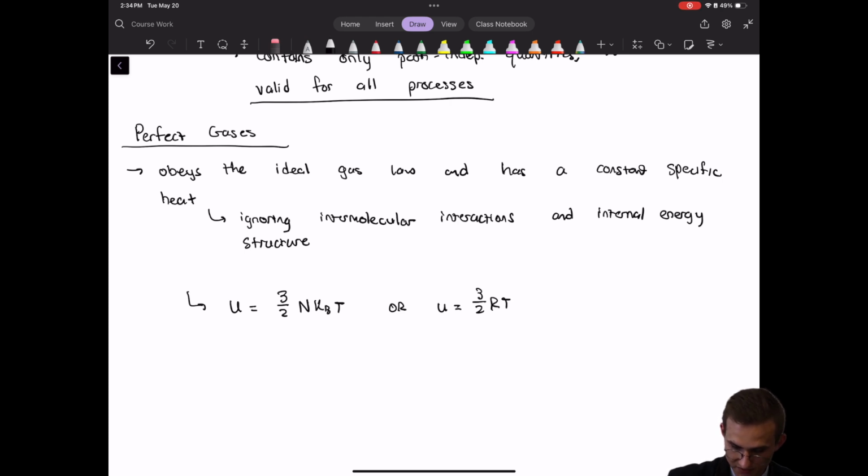If you look at the enthalpy, for example, you have U plus PV, and PV itself is just equal to RT, right? The ideal gas law. So H is equal to 5/2 RT.